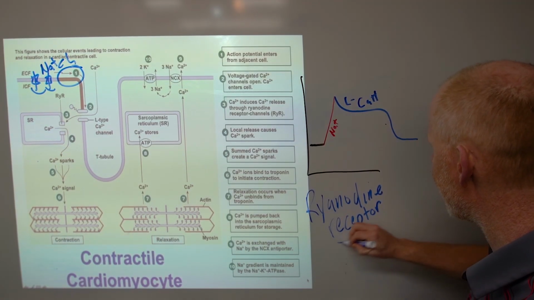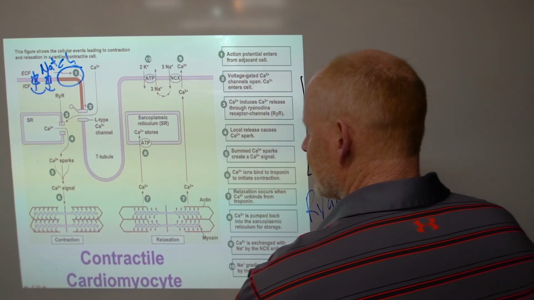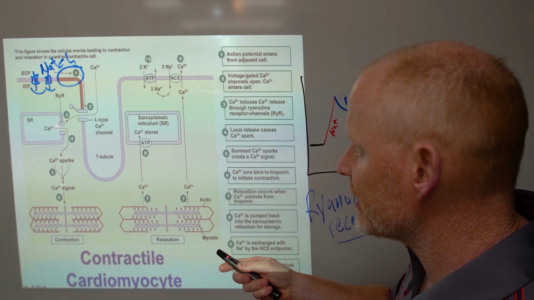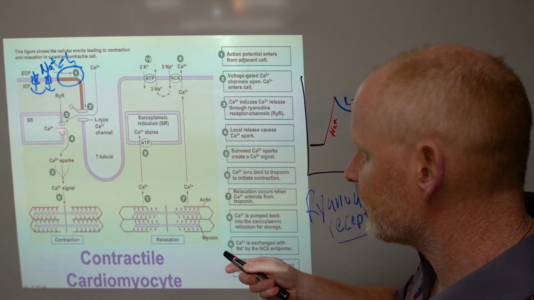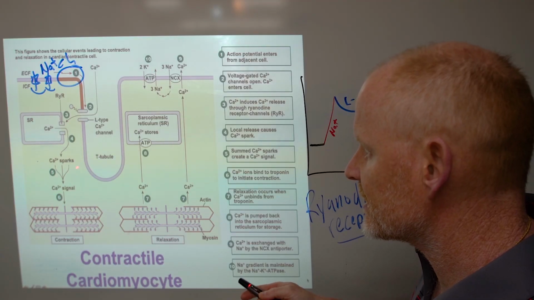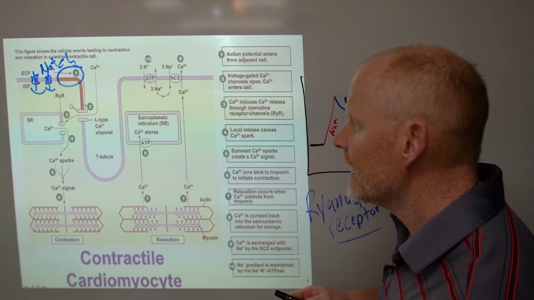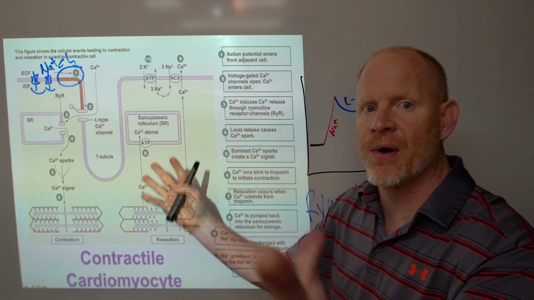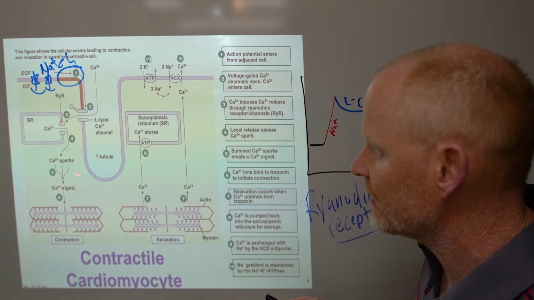Again, it's a calcium channel, and it's going to open in response to this depolarization. Then you get calcium flooding the cytoplasm. This causes what's called a calcium spark. As more calcium is released and more SR is involved, you get this huge burst of calcium, which is called the calcium signal.